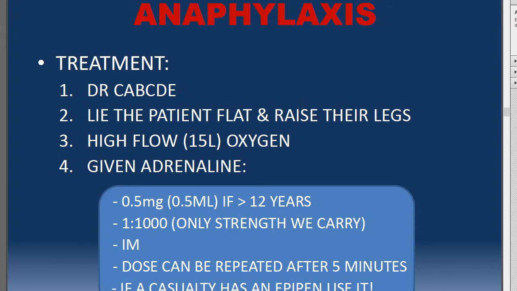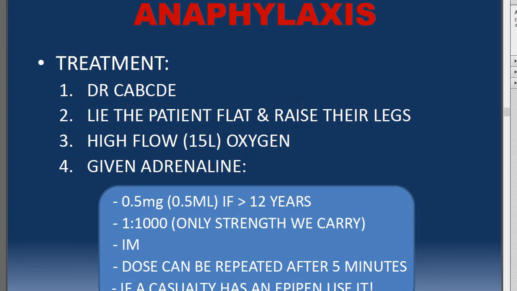So what this technique does, and this is useful in the case of anaphylactic shock, where blood pressure is low because of the anaphylactic reaction, or hemorrhagic shock where blood pressure is low because of lots of blood loss. This is a really useful technique. So lie them down, stick their legs in the air.